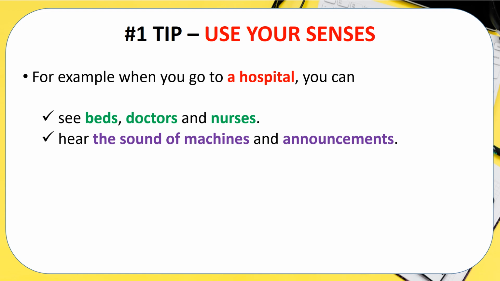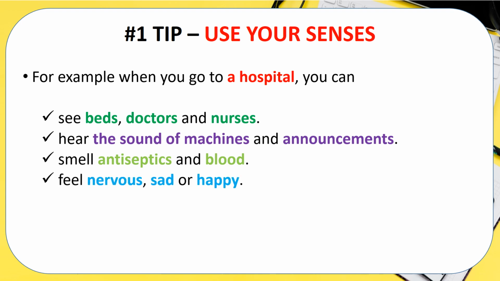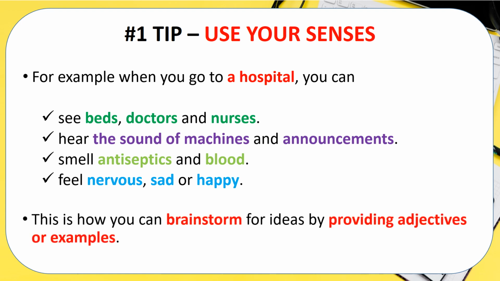Announcements, pengumuman. And you can smell antiseptics and blood. And you may feel nervous, sad, or happy. So this is an example of how you can brainstorm your ideas by providing adjectives or examples. You don't need to write complete sentences yet. You are wasting your time by doing that, right?